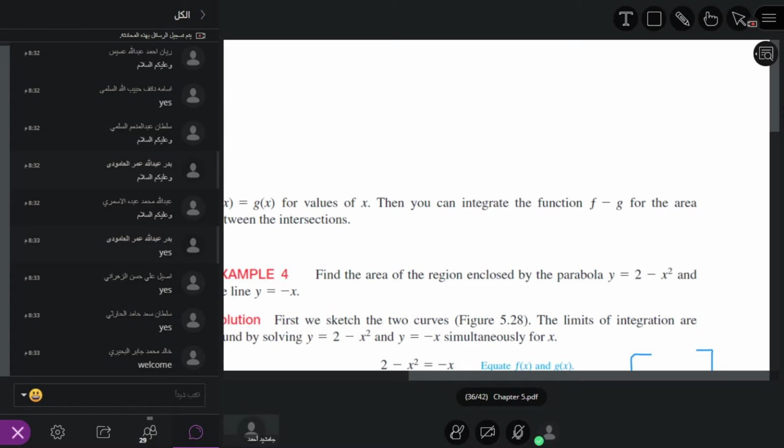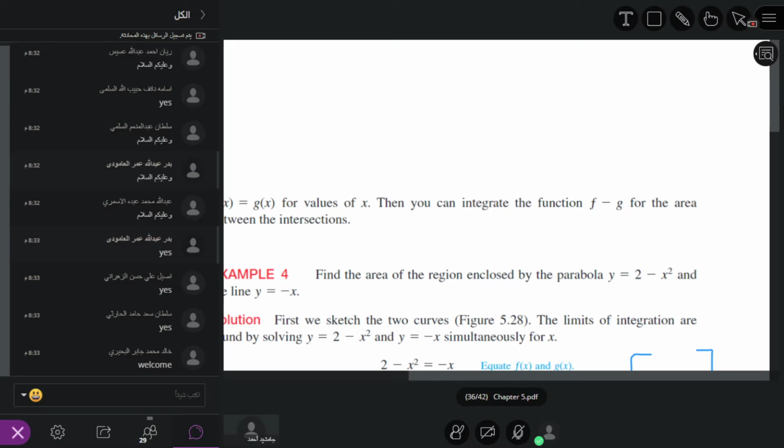So 2 minus x square has greater than or equal values to minus x over the interval minus 1 to 2. So that is why whenever we find the area, the total area is given in this way.